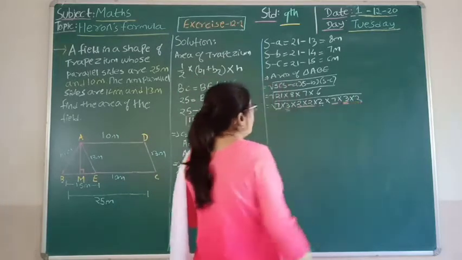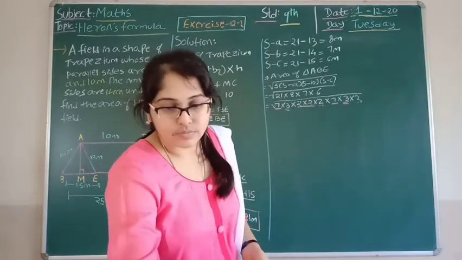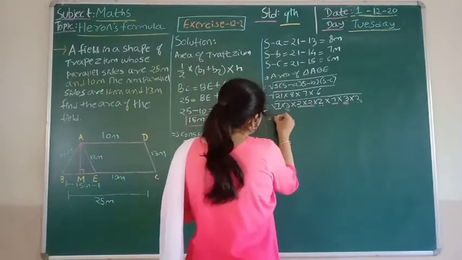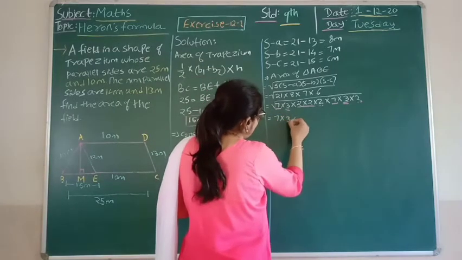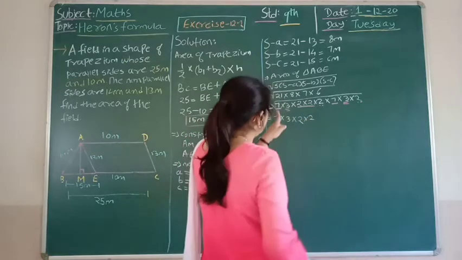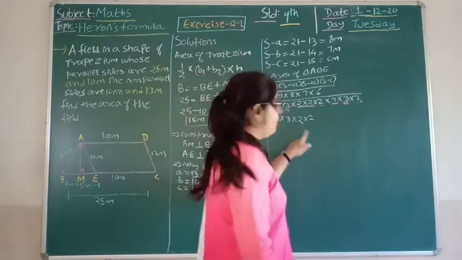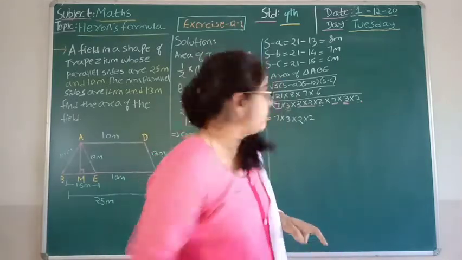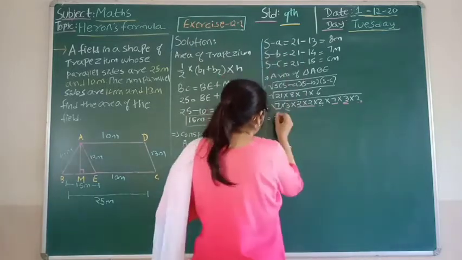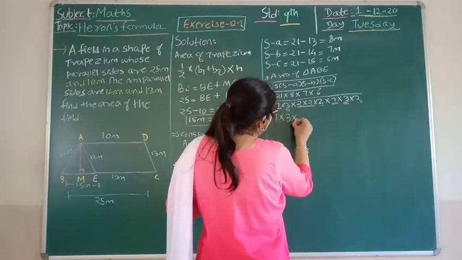So all the things we are getting is 7 into 3 multiplied by 2 multiplied by 7 multiplied by 3 multiplied by 2, 7 multiplied by 3 multiplied by 2 multiplied by this 2.